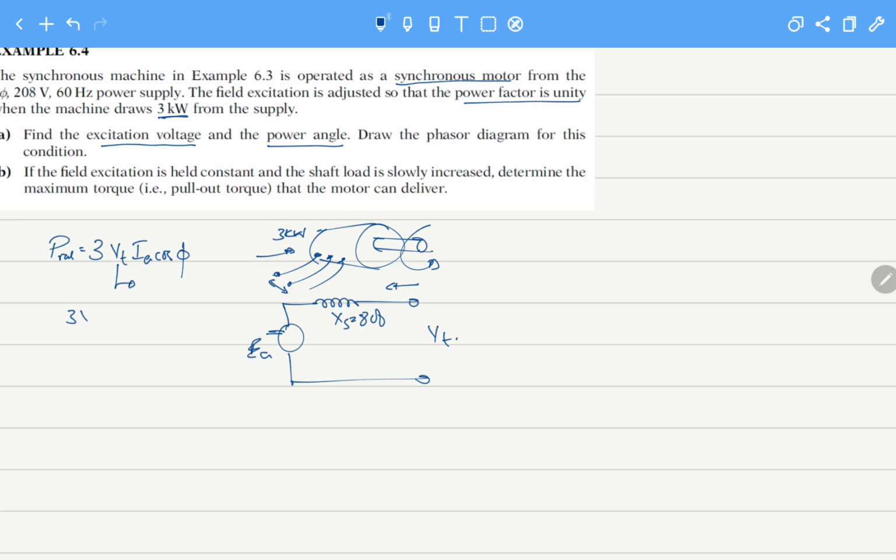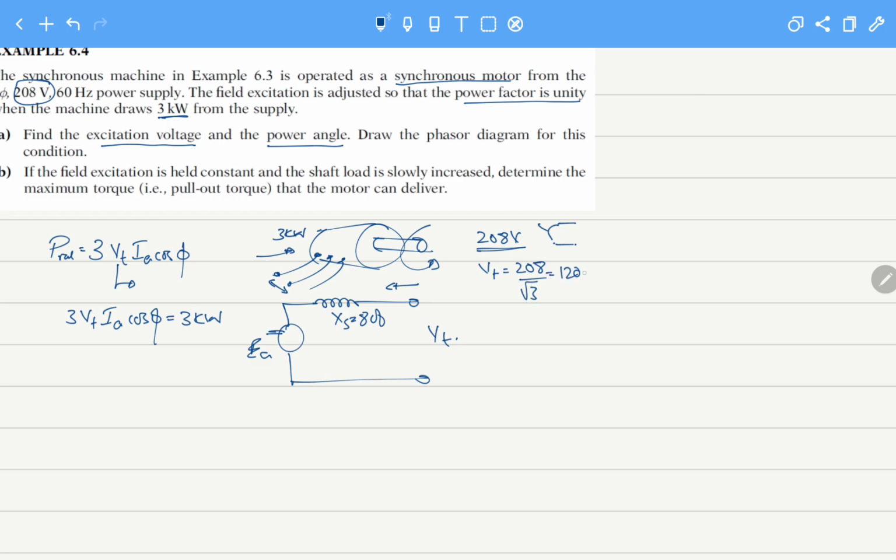So we can write that 3 Vt Ia cos of phi equals 3 kilowatts. From the previous example, but if you don't remember, here we have 208 volts for a Y connected source, which is the line to line voltage, and we converted this to phase voltage by dividing by root 3.